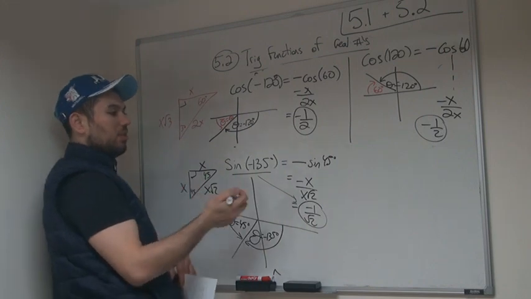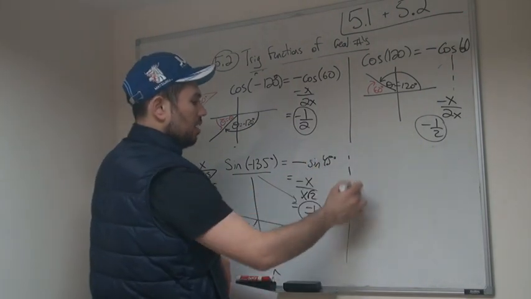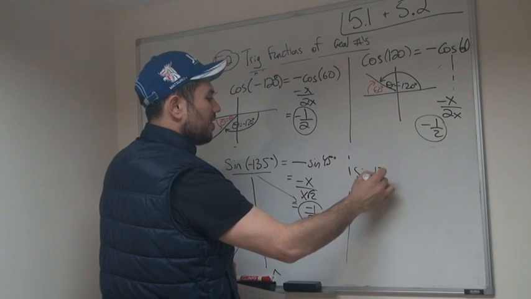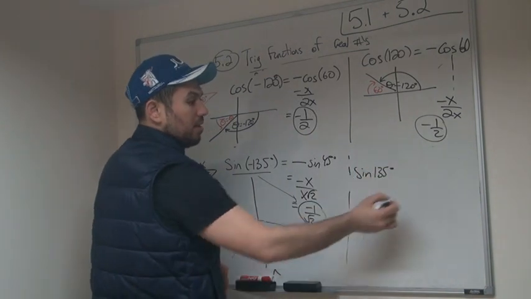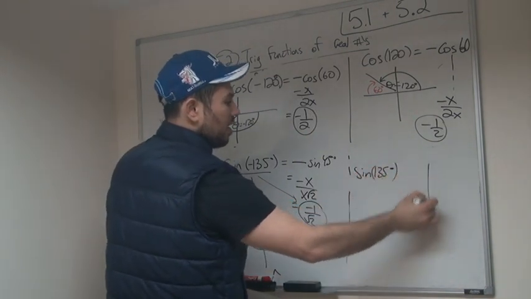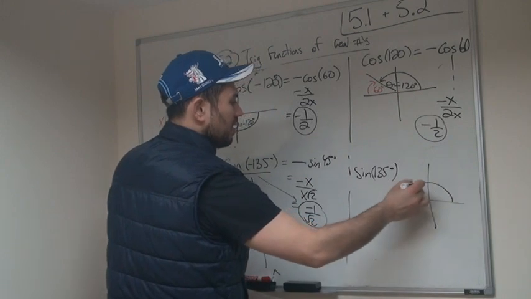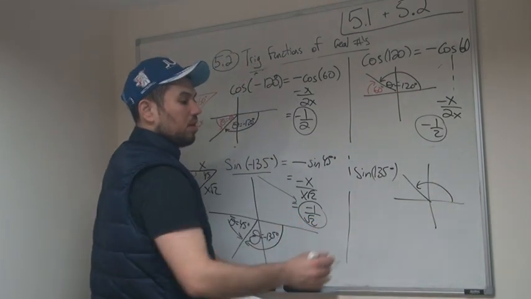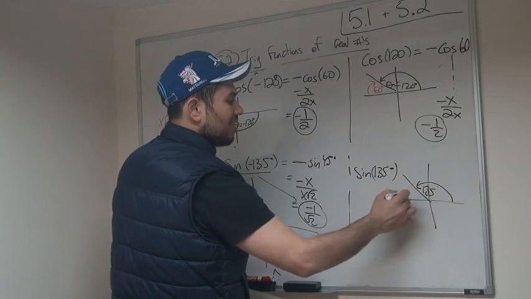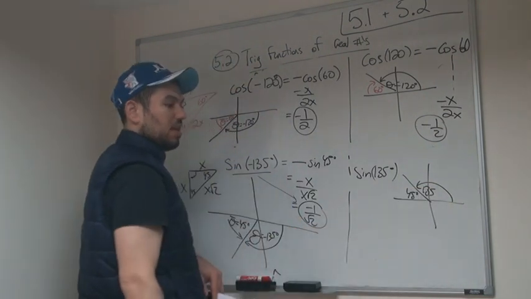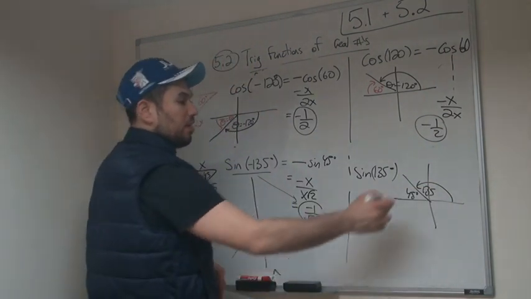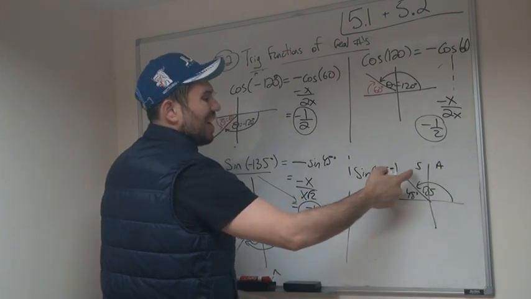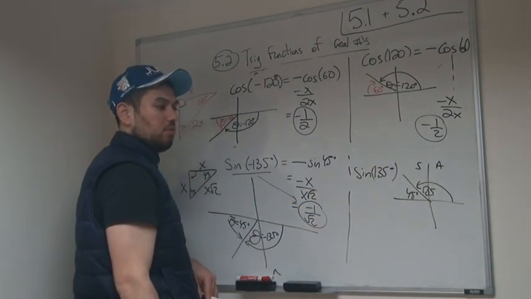If I were to simultaneously find the sine of 135 degrees, positive 135 degrees, well, 135 degrees ends in quadrant 2, still giving me a 45 degree reference angle, but all students, sine is positive in quadrant 2.